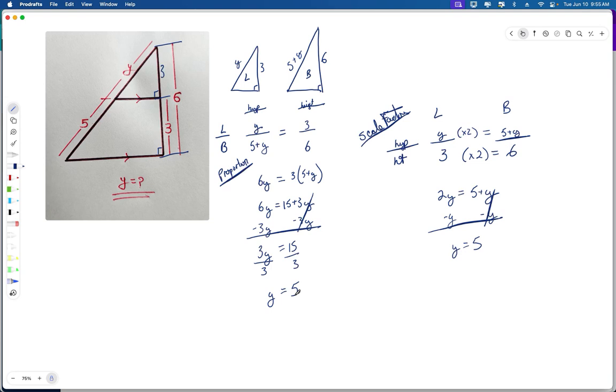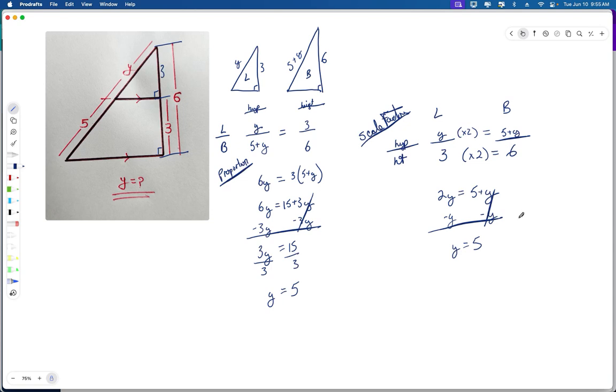So that methodology is up to you. It really depends on looking at these numbers. Do you have a clear factor that gets you here? If you don't have an obvious factor, then the proportion method may be the one that you want to use. But if it's obvious, like here we know 3 times 2 is 6, then the scale factor might be a better way to go. It might be a faster way to find the same solution.